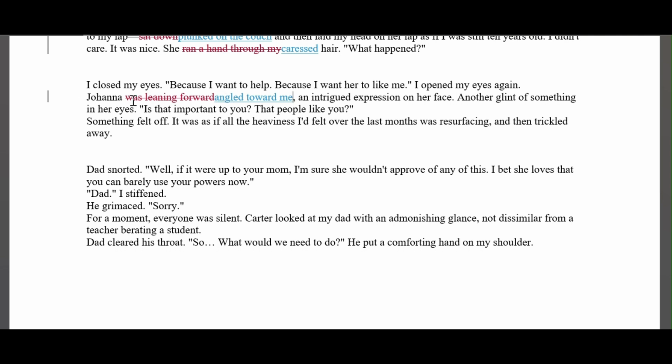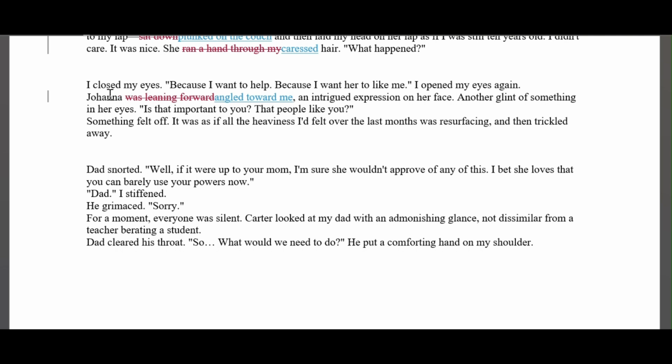So now it's no longer something passive she's doing, like she was leaning forward. Now she's angling toward the character. Which, I mean, means the same, but it does give a bit of a different image.